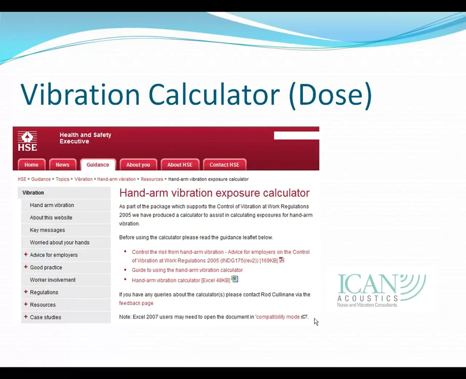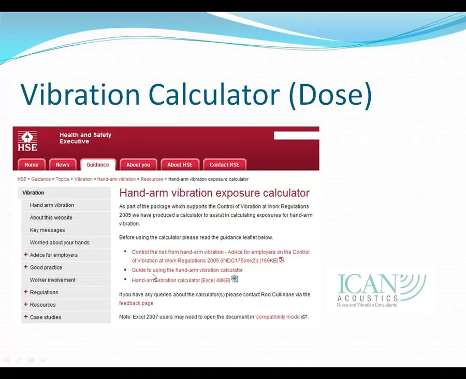Okay, so like the noise earlier on, I explained that the Health and Safety Executive in the UK are quite progressive, and they provide some useful documentation on the control of and the risks of hand-arm vibration.